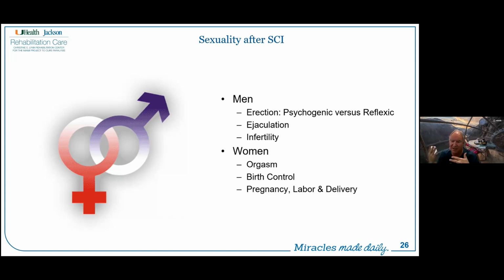That means they can be thinking about or looking at visual stimuli, etc., and that can cause an erection. But for a reflexic erection, basically this is going to require stimulation below. So this can't be a lower motor neuron injury. This is going to have to be an upper motor neuron injury so that the reflexes are intact.